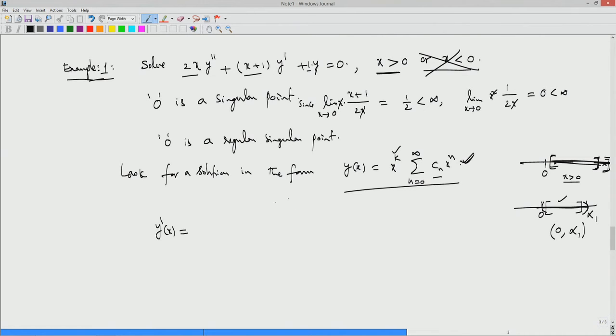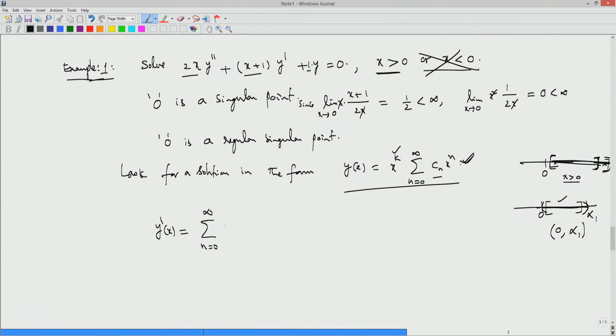So you can write x power n plus k. Here k is not an integer or a natural number. So when you differentiate, everything will remain, and the index will never be 0. In the usual power series, when you differentiate, the constant part goes and n runs only from 1 to infinity after differentiation, but here it is not so.